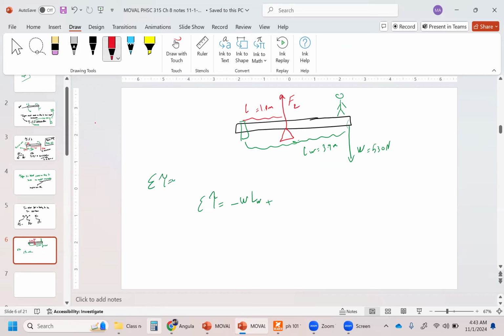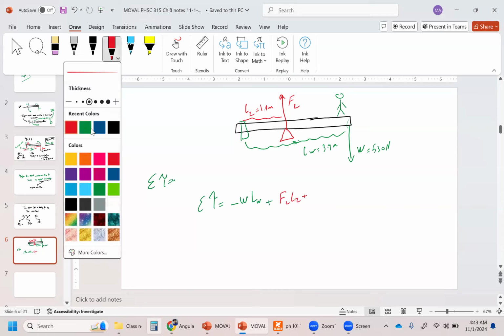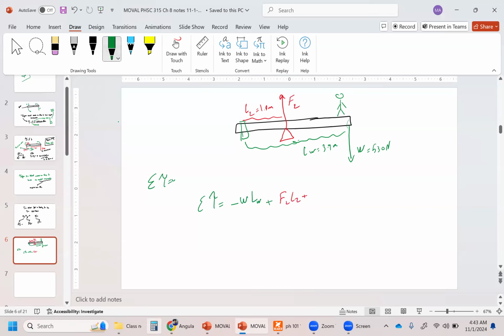So this would be F2. Now F2 is going counterclockwise, so it's going to be positive. So it will be F2 L2, plus, now you got a force on this one, and I'm going to call this F1. Let's say F1 going this way.